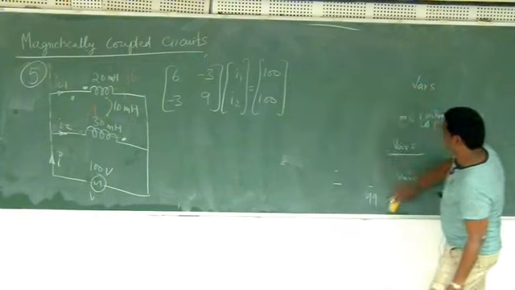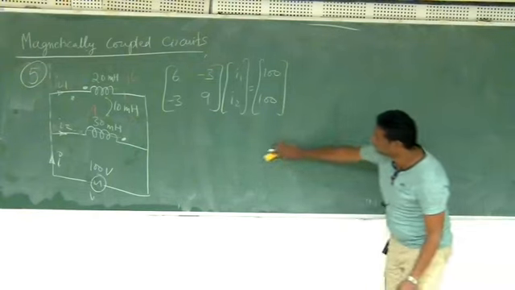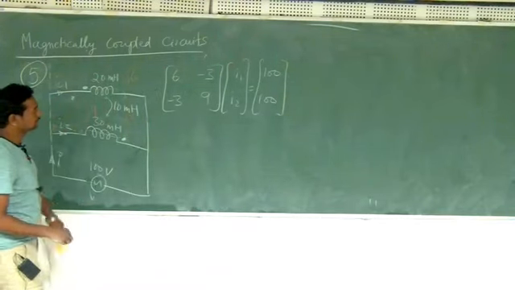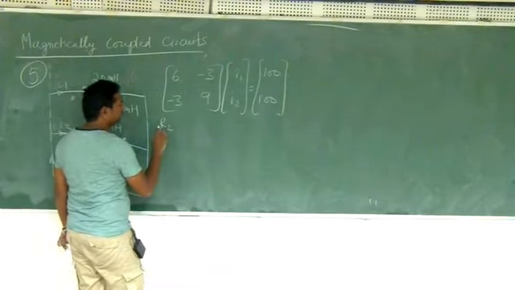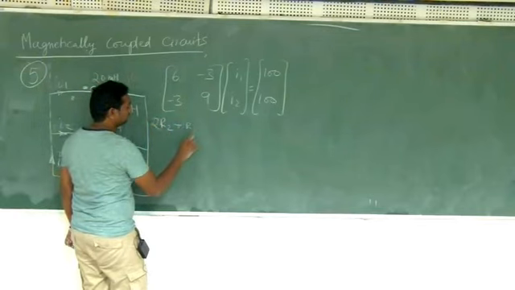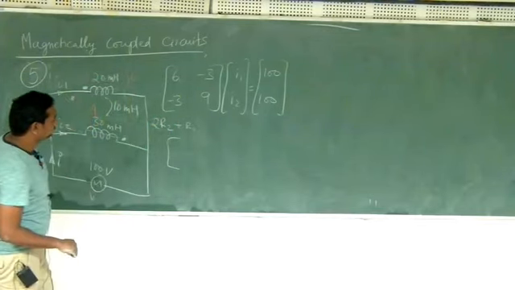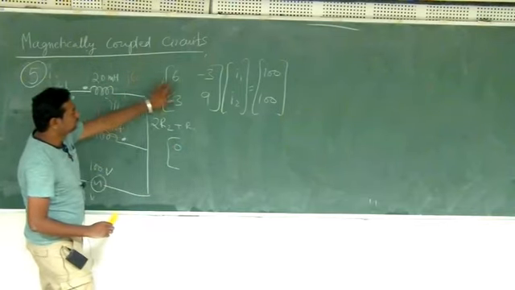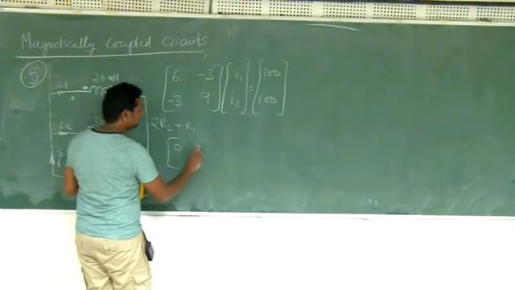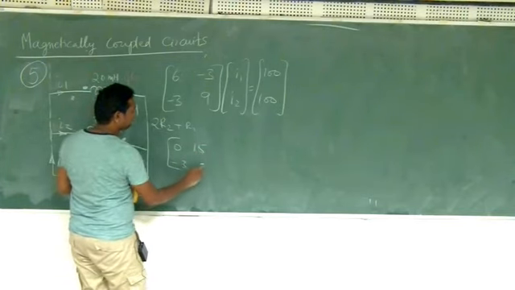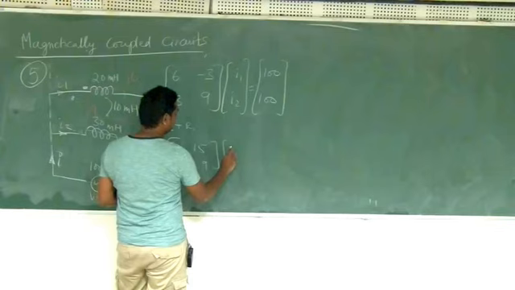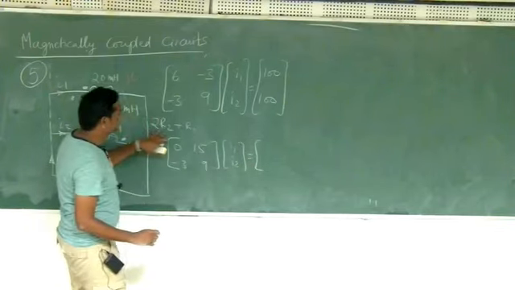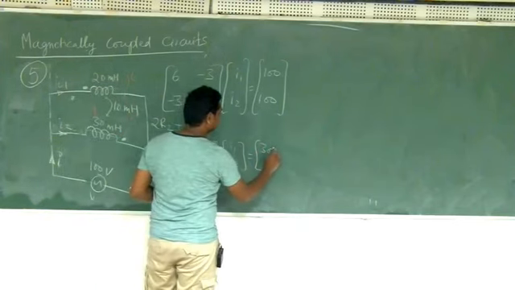What is the inverse of this matrix? So I can say twice row 2 plus row 1. Then this will be 0 because I am doubling this and adding here. So this will be 15 and this will be minus 3, 9. So I1, I2, twice row 2 plus row 1, so this will be 300.